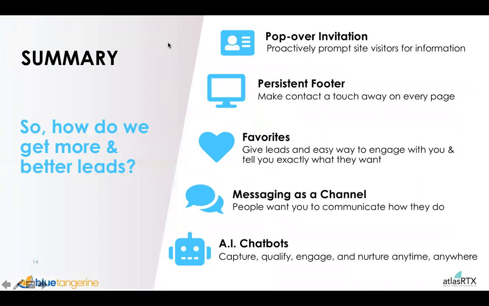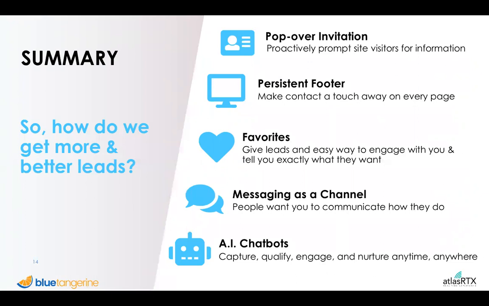So just to recap, how do we get more and better leads? We can take advantage of popover invitations that prompt people for information. We can use persistent footers to put that important contact information and all of those various ways that you can contact an organization on every page. We can utilize favorites and give people ways to not only engage with you, but to flag what's important to them and give you some insight into their preferences.